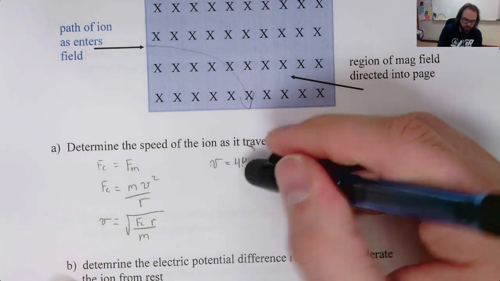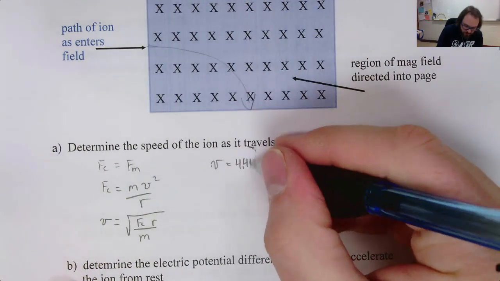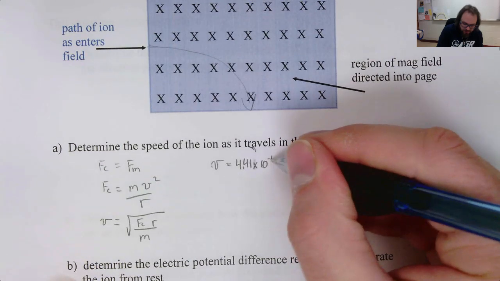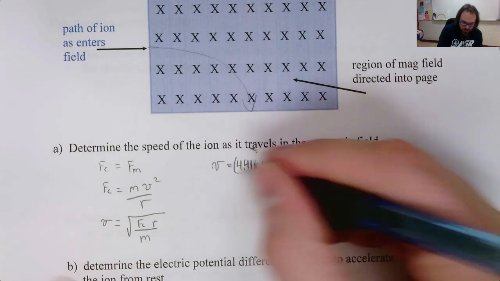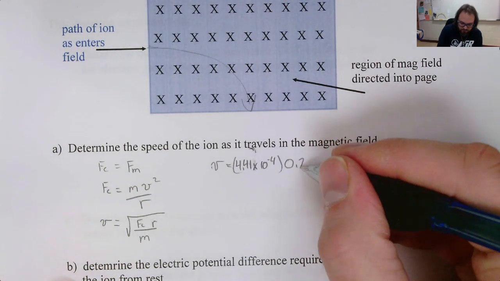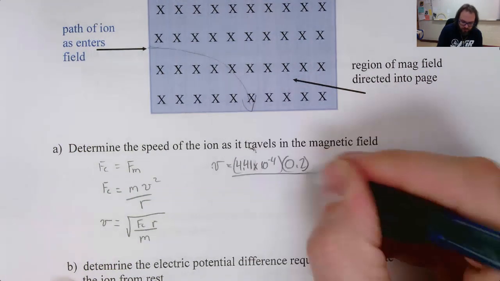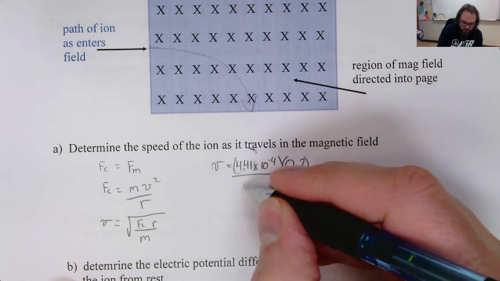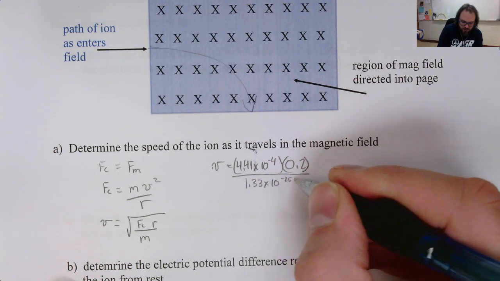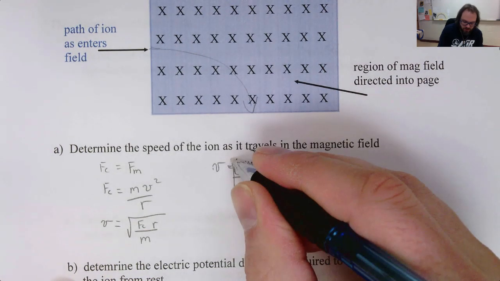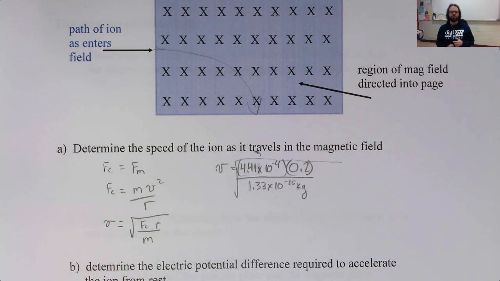If I look above, it's 4.41 times 10 to the negative 14 multiplied by my radius, which is 0.2, divided by my mass, which is 1.33 times 10 to the negative 25 kilograms. And we want to square root all of that.